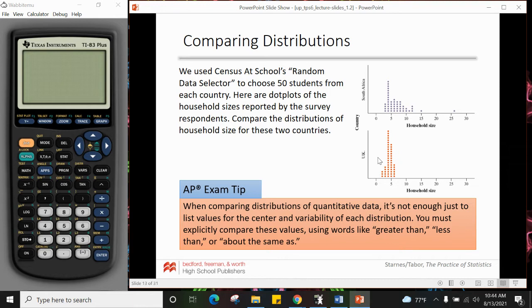And so you get that comparative right in there. And then when you do compare numbers-wise, you want to use greater than, less than, or about the same. You want to use those "-er" words to really drive home the comparison between the two distributions.